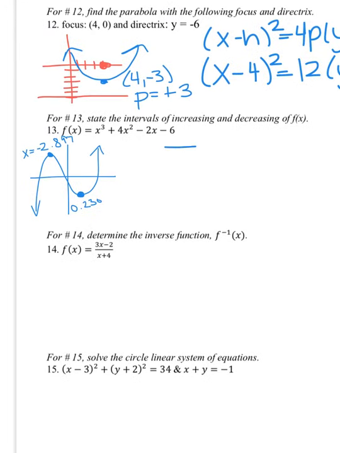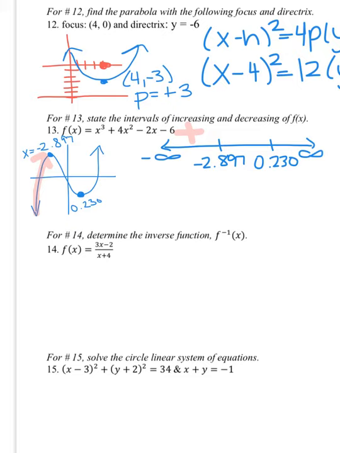I also gave you another tool that would make this helpful, which is to draw a number line just to kind of graph it out. You have two relative extrema. One is x equals negative 2.897, and the other is at 0.230. So from negative infinity until negative 2.897, right here, you are increasing.